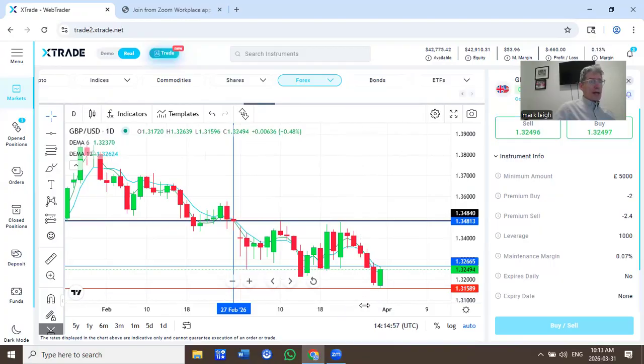I've got support at 131.58. I've got resistance at 132.66, already over a 100 pip range. We'll see whether that can be continued. Buyers can maintain, test, break above this intraday resistance, and this retracement build into something more.